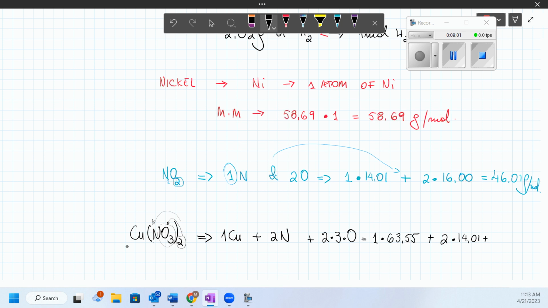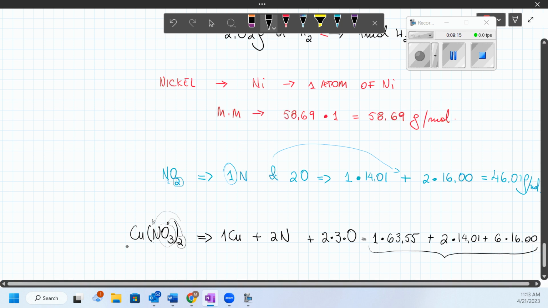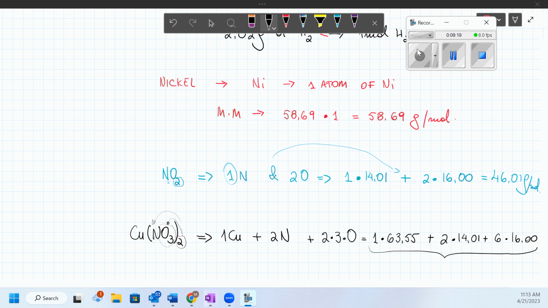You can leave it as 2 times 3, it's fine. 6 times 16.00. And then enter it in your calculator as you see it here. And that will be the molar mass of copper nitrate.